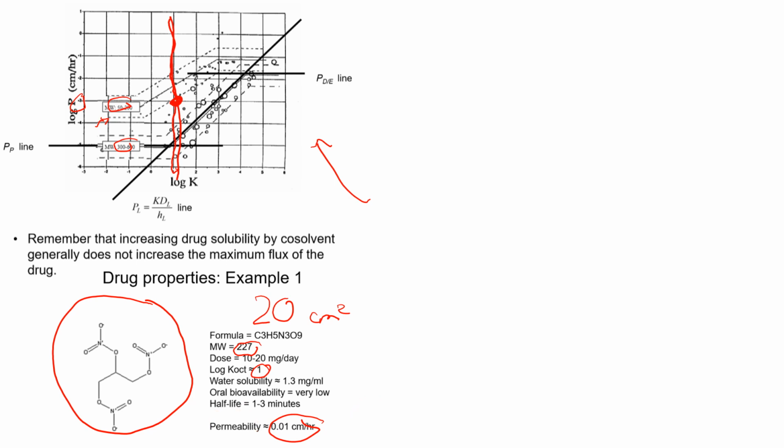What do we need to do first? The first thing we need to do is find the flux. If you remember, flux equals concentration times permeability, which we have. So our concentration, we want this to be 1.3 milligrams per milliliter.